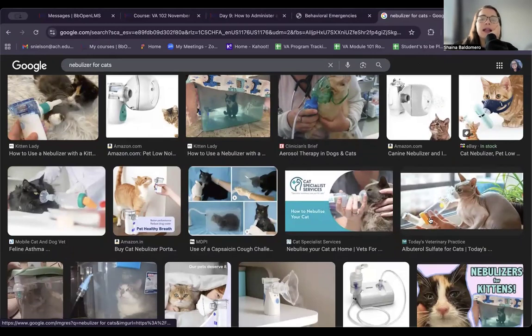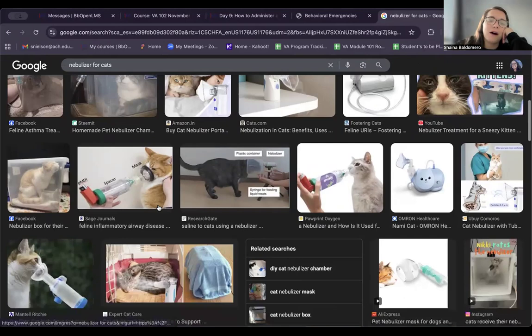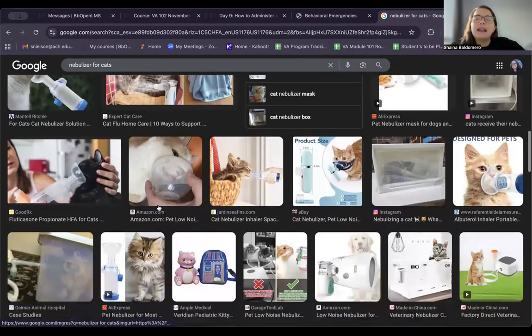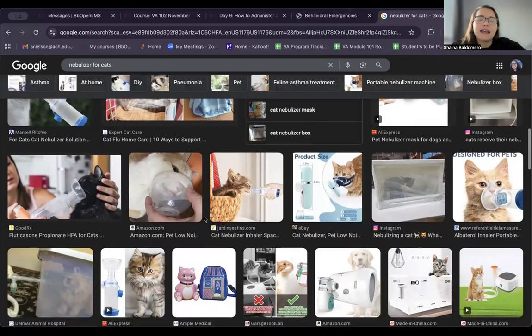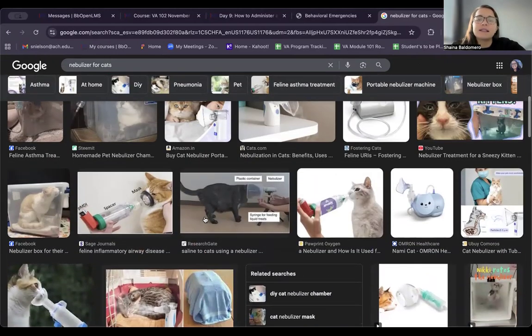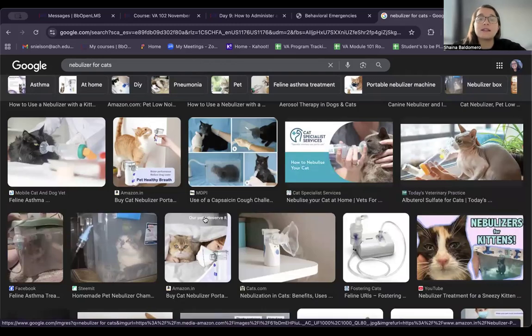So we use inhalers for dogs and cats, like if they have asthma, but we also have cages and kennels. These are kind of like makeshift little boxes, but they do have cages in veterinary medicine that have a nebulizer attachment, and it basically just vaporizes the medication. So they breathe in the medication and it goes directly to their lungs.